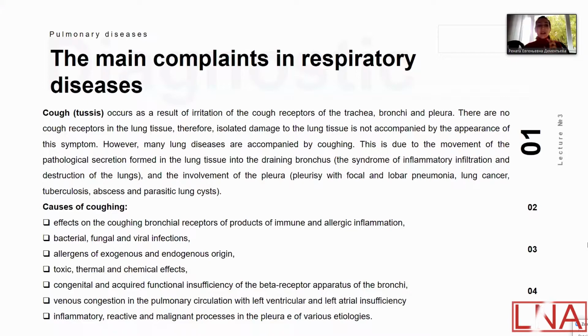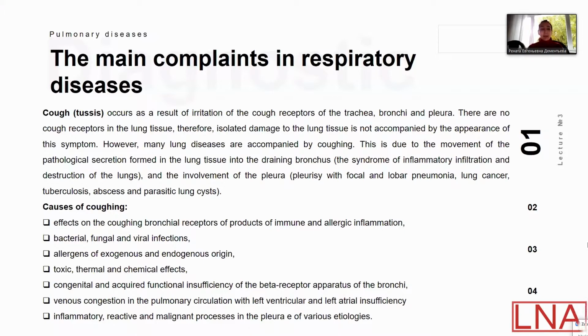So, the main causes of coughing. It is possible that different mechanisms are present in developing this cough. But all of the reasons on this list can be a cause of coughing.